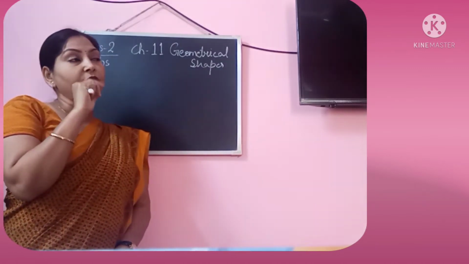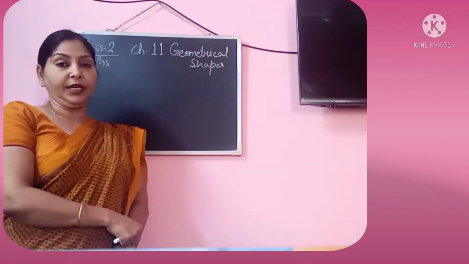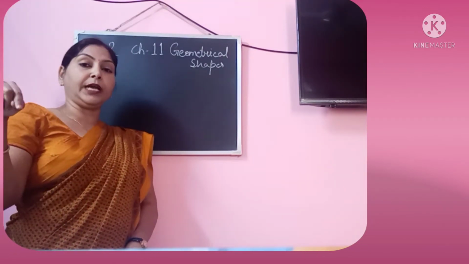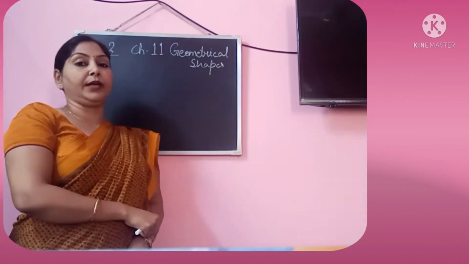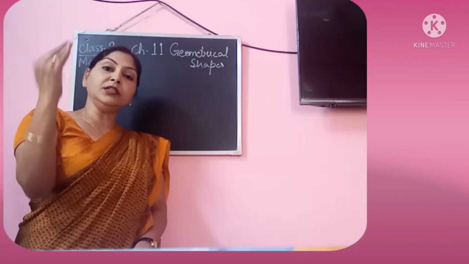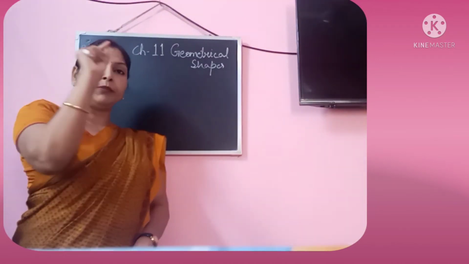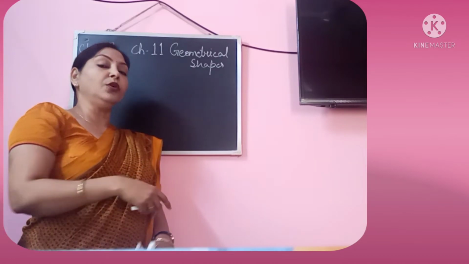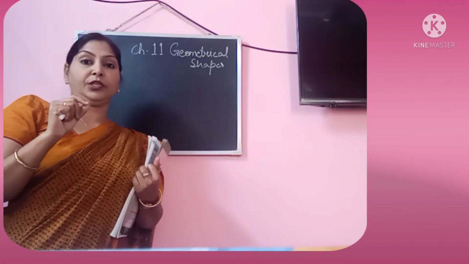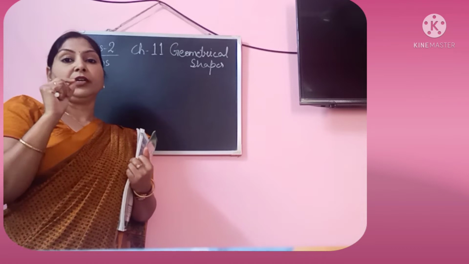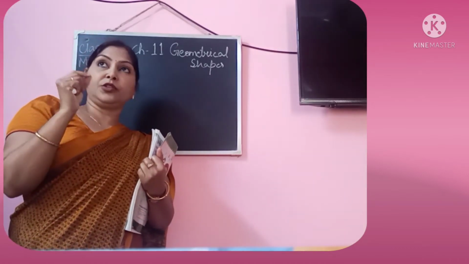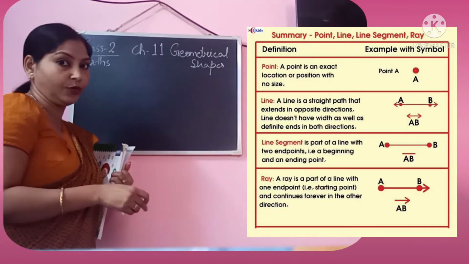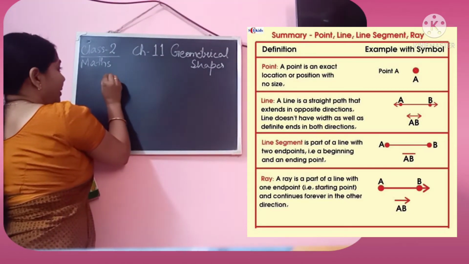When you are drawing a square, there are so many points joined together to form the square. Similarly, for other shapes also, we join many dots or points to form the different shapes. So whenever we draw any shape, we start with a point. So let us see what is a point. The first topic is point.